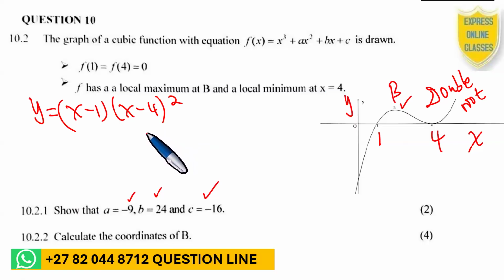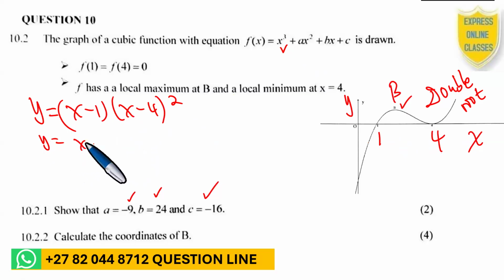So then we move on. This one is a repeated root. This one is going to occur once, but you're going to see the x cubed here means it's just x, and then this one is x squared.